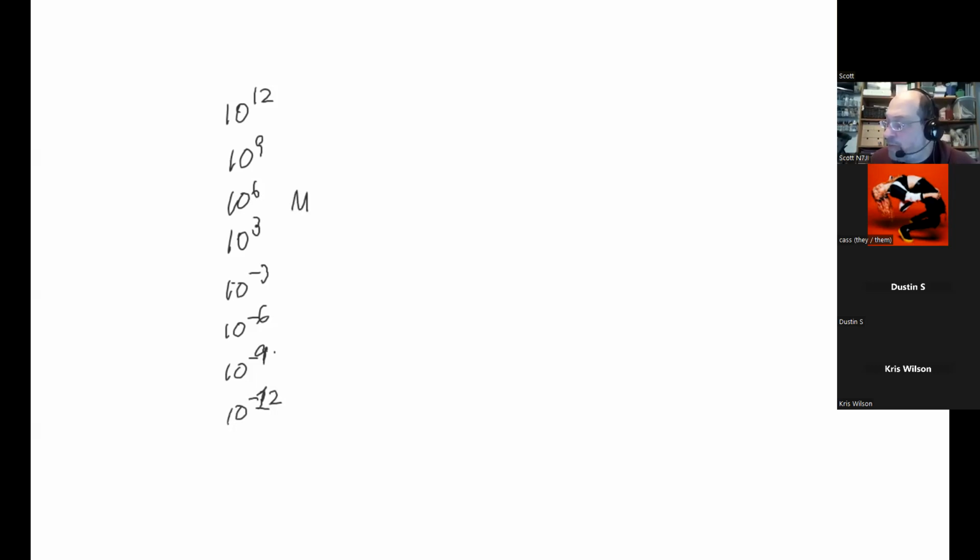This is mega, which is big letter M. 10 to the 3rd is kilo, like a kilogram or kilohertz. That's 10 to the 3rd power. And 10 to the 9th, we work in gigahertz all the time. And if you have a large computer hard drive, you have a terabyte hard drive, which is a trillion. And then we can go smaller.